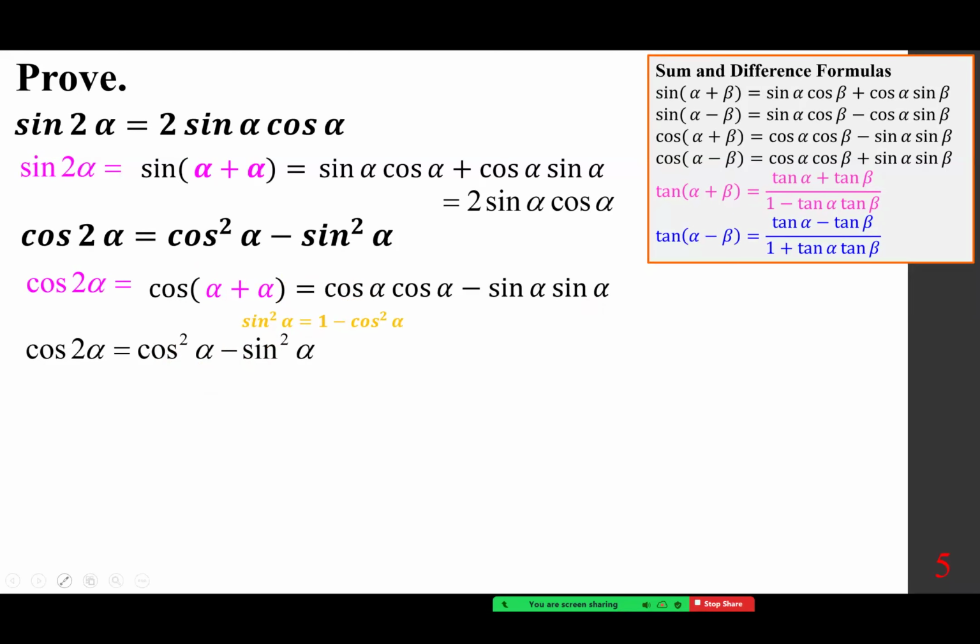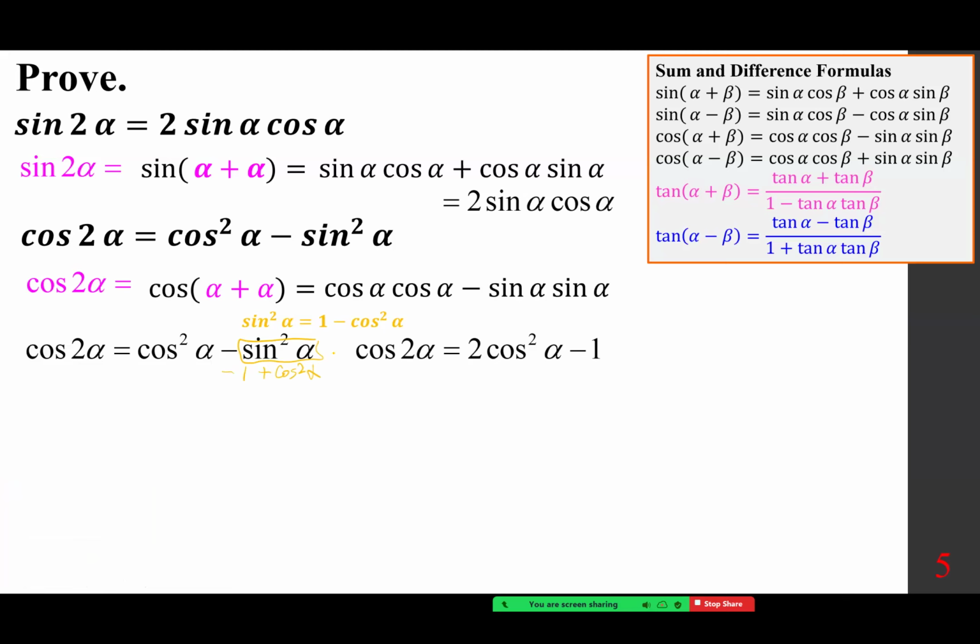So if we replace this, we get minus 1 plus cosine squared. So cosine of 2 alpha is 2 cosine squared alpha minus 1.